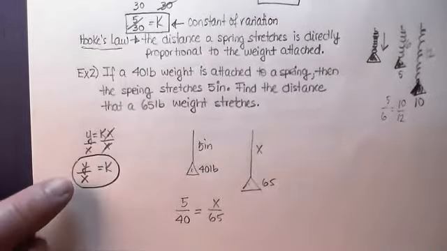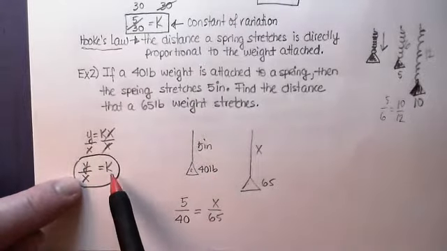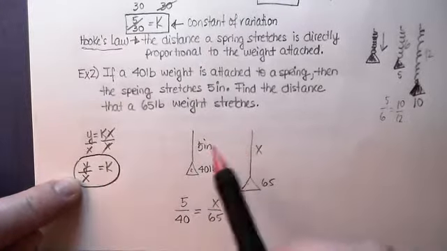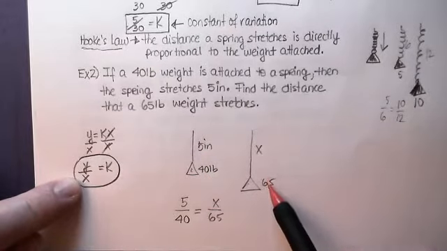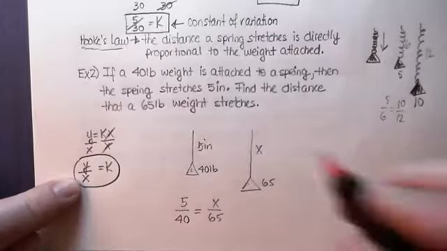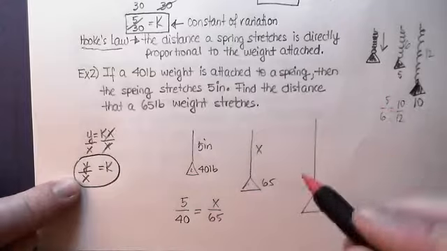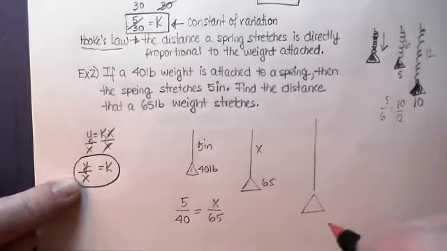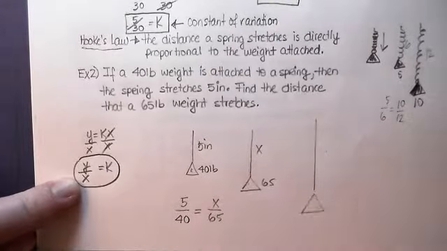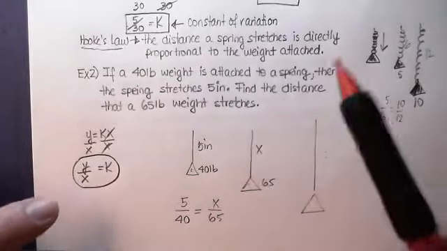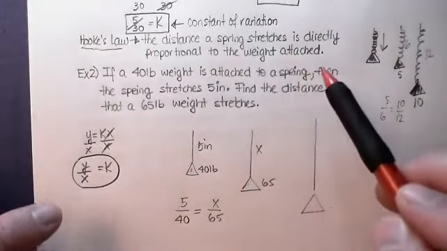Basically what it's saying is the two quantities that we're looking at here, if we put them as a fraction, it's going to be a constant. So if I have this over this, it's going to be the same as this over this. And let's say I have another number, let's say an even bigger weight. The stretch over the weight is going to be the same as this over this, because according to Hooke's law, the distance that a spring stretches is directly proportional to the weight.